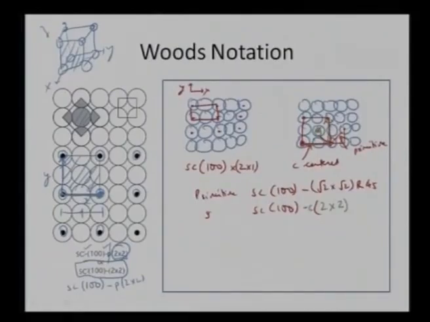I can define it by simple cubic 100 which is C centered, traversing 2 by 2, or it is a simple cubic 100 plane, and I have to traverse root 2 by root 2 in the x direction and in the y direction. So I can define it by vectors of root 2 by root 2 at an angle of 45 degrees. That is how I am defining my adsorbates using the Wood's notation.